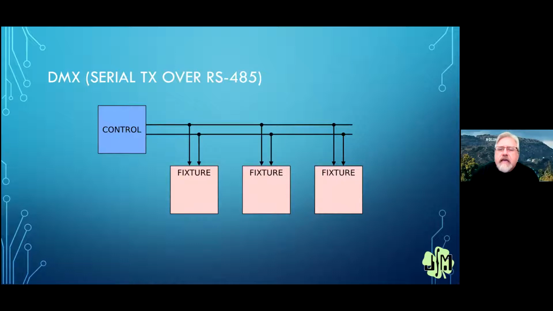RS-485 is a two-wire communication system, but it's not transmit and receive. It is like a one-wire in that you're transmitting and receiving on the same pair. It's a pair of wires that use a differential voltage, with differential transmitter receivers on each device, and then we twist the wires together so they lay closely together.